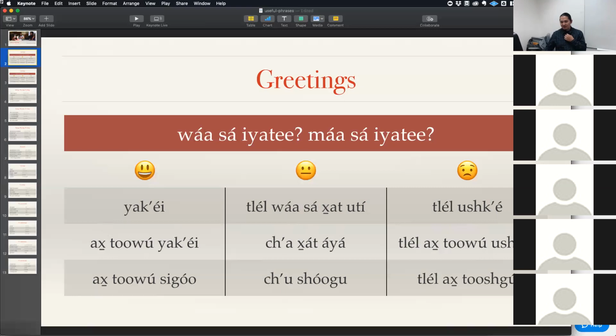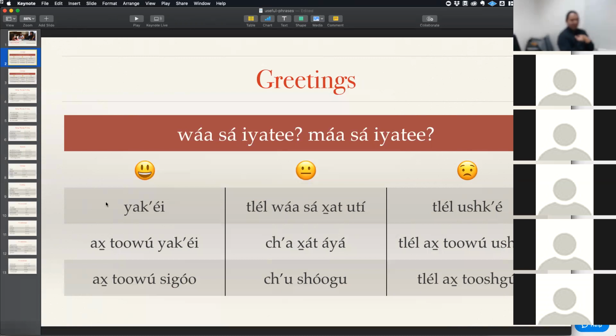So here we got good, feel happy. Yak'e. Tuwu yak'e. Tuwu segu. So let's just try it. So that's good, but how would you say I am good? Yak'e. You are good. Okay. So tuwu yak'e, I feel good.